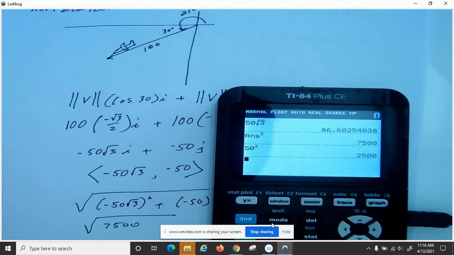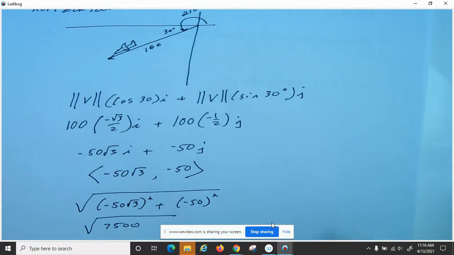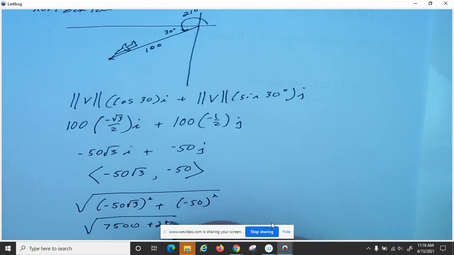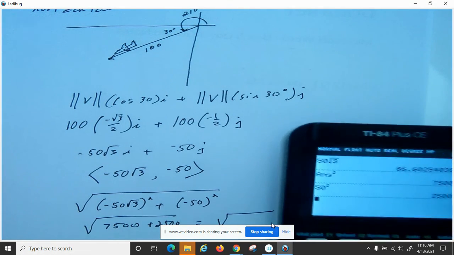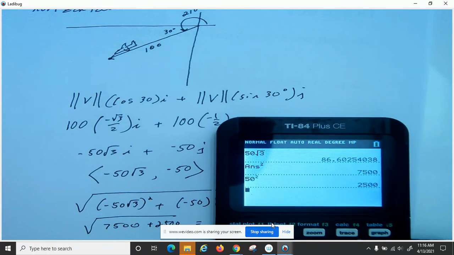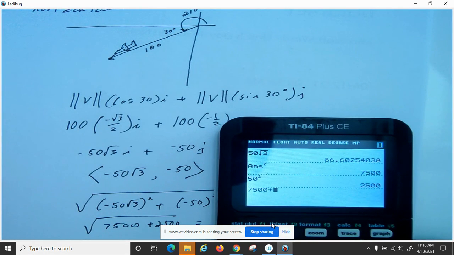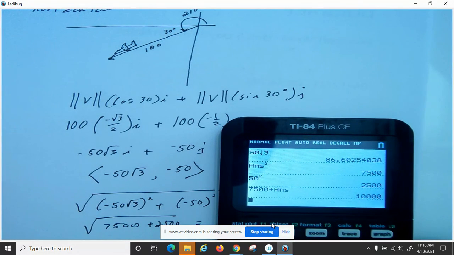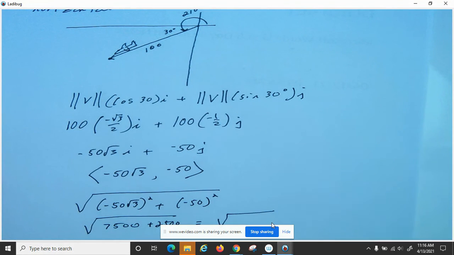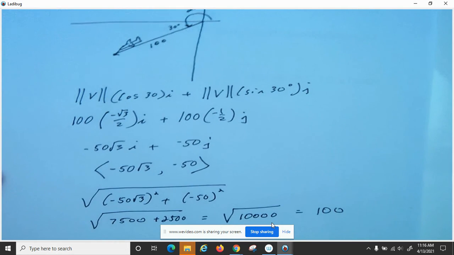I don't care that it's negative because it's going to end up being positive anyway. 7,500 and 2,500 should give me 10,000. And what's the square root of 10,000? All right, so everything checks out.